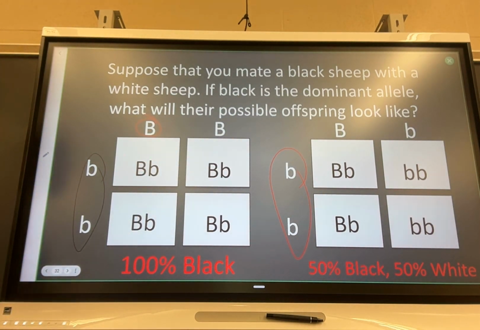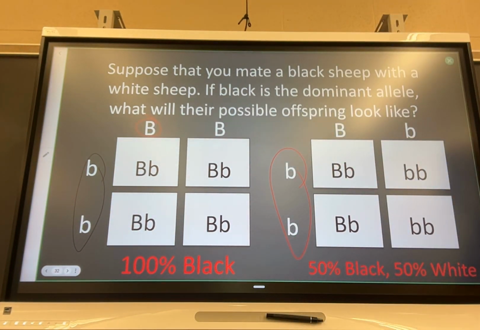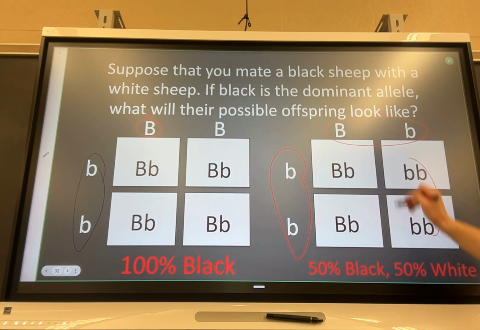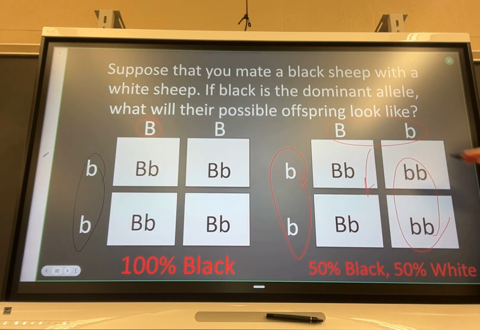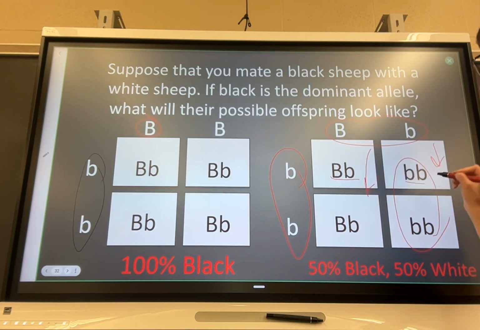If our black sheep is heterozygous, though, we have a 50% chance of getting white because we have that black trait that gets passed down half the time and a white trait that gets passed down half the time. So there's a 50-50 chance that you can get big B, little b, or little b, little b. Okay.